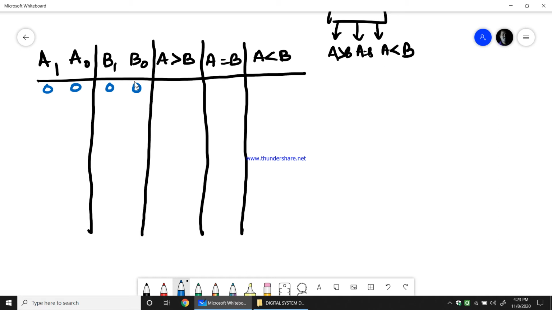So this is a 4-bit input. Therefore, the input varies from 0 0 0 0 till 1 1 1 1. That is how I'll write.